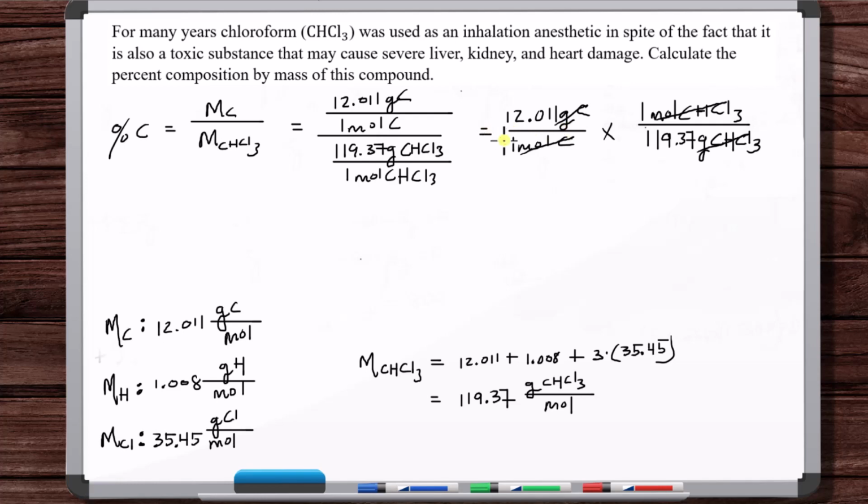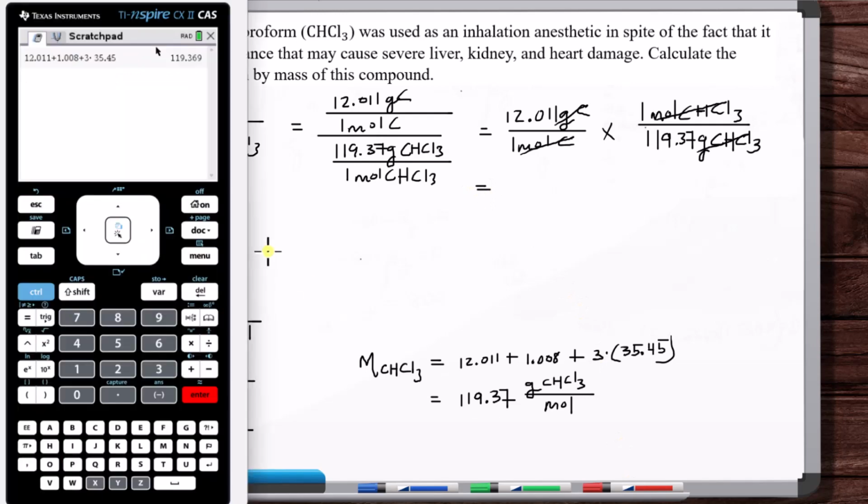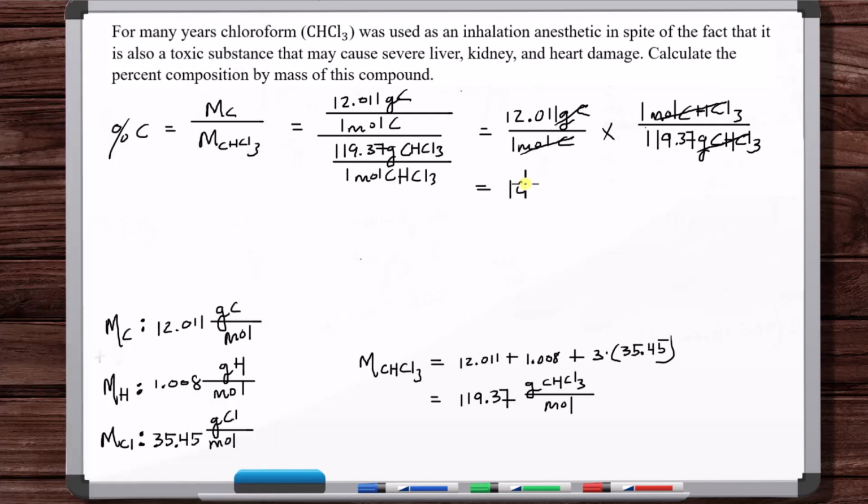So it's giving us the same result, whether we use grams per mole or grams per atom. So what we get is 10.1% carbon.